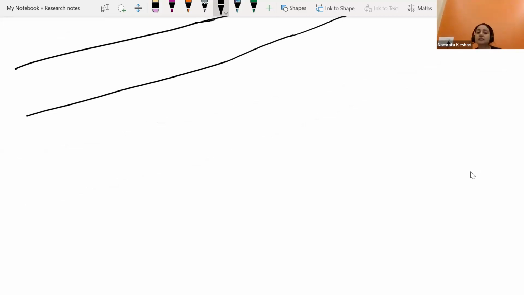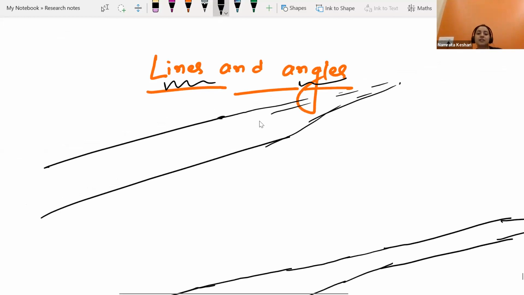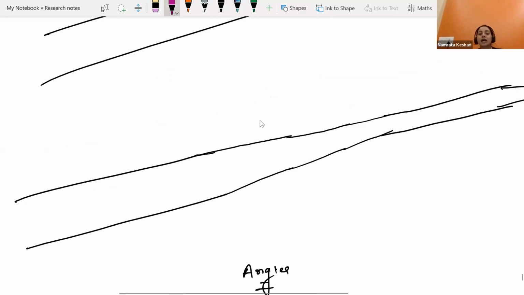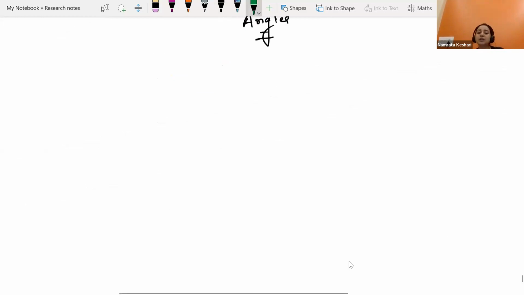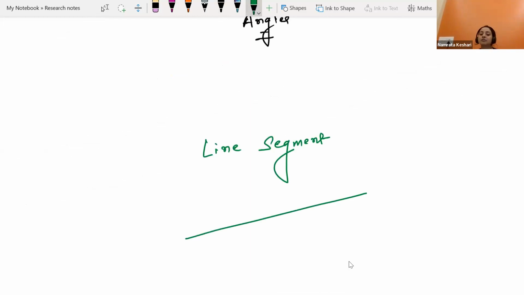Now angles. There are a few angles which we need to discuss over here. Before that, you also need to know what a line segment is. In the Euclid geometry chapter we discussed line segment. A line segment is a part of a line which has two end points.